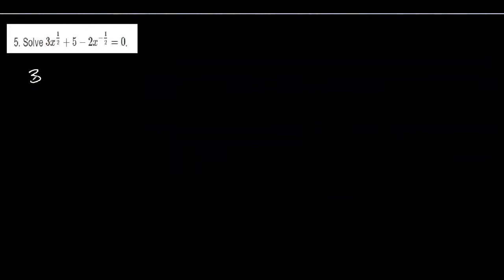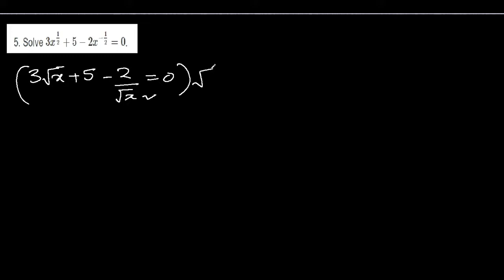Question 5, we have to solve this equation, and we can rewrite it like this: 3 square root x plus 5 minus 2 divided by square root x equal to 0. Why? Because power half is equivalent to square root, and because it's minus, it became a denominator to make it positive. Alright, so now we can multiply the whole equation by square root x so that we get rid of the denominator here.